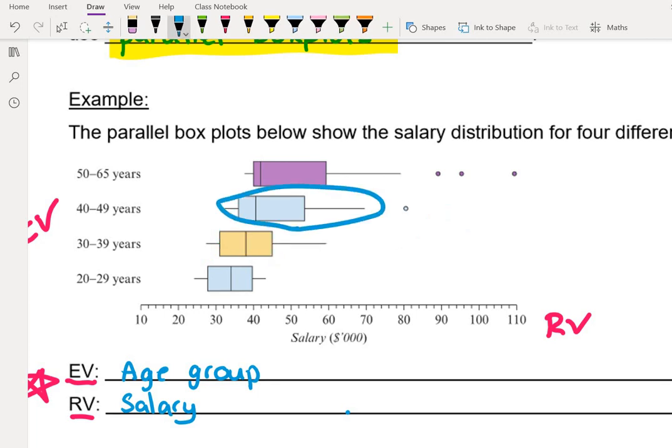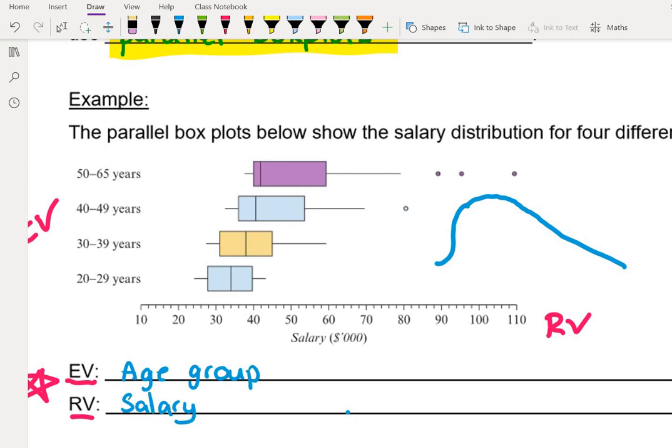Similar with this one, but this one's even more so. There's a lot here, that's 50% of the data all squished at the start, and then 25 here, 25 here has a larger range. So this is also skewed, and this one is even more extremely skewed.